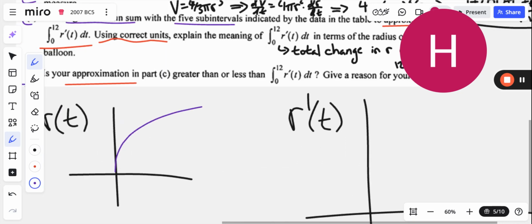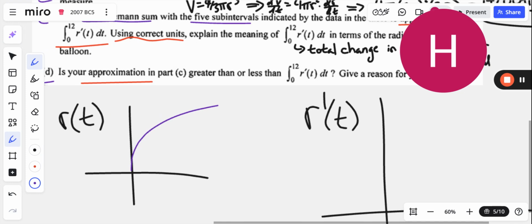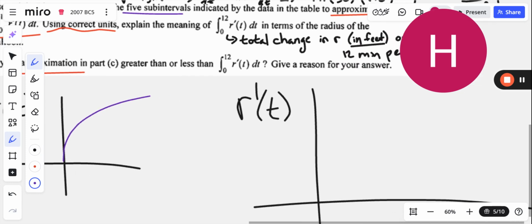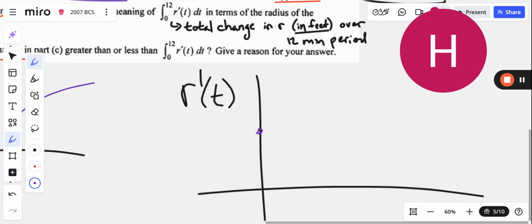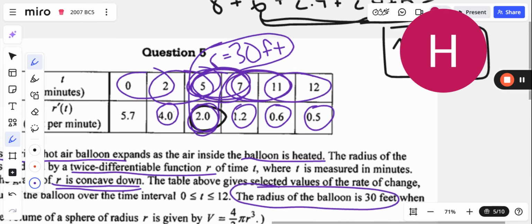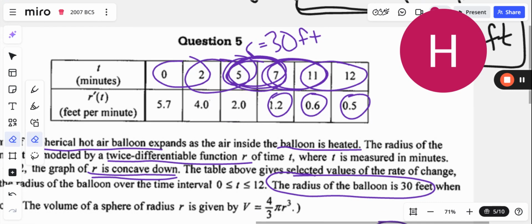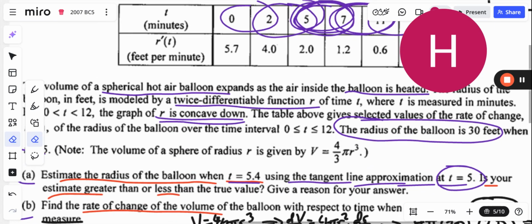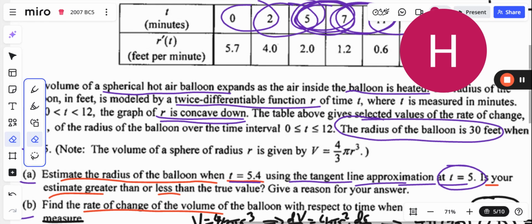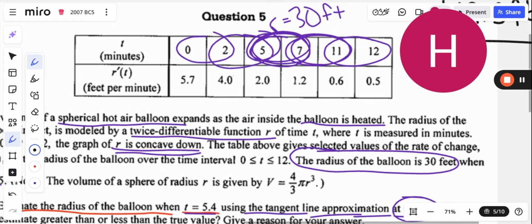The slopes are getting less. They're positive, but they're getting less. You can confirm that by looking at the values of r prime. And that's what concave down means: the derivative is getting less, so the derivative's going downwards.